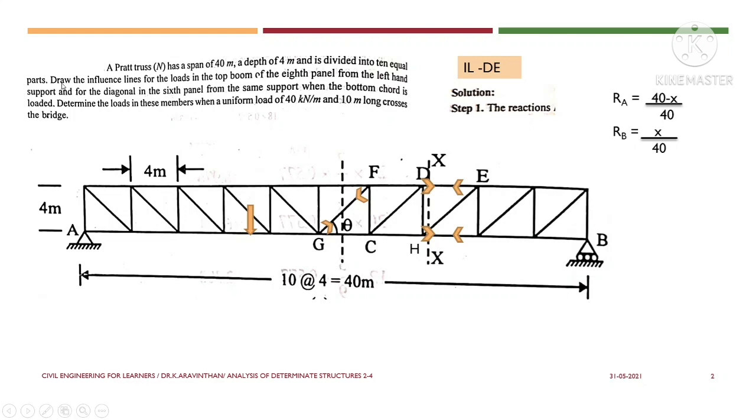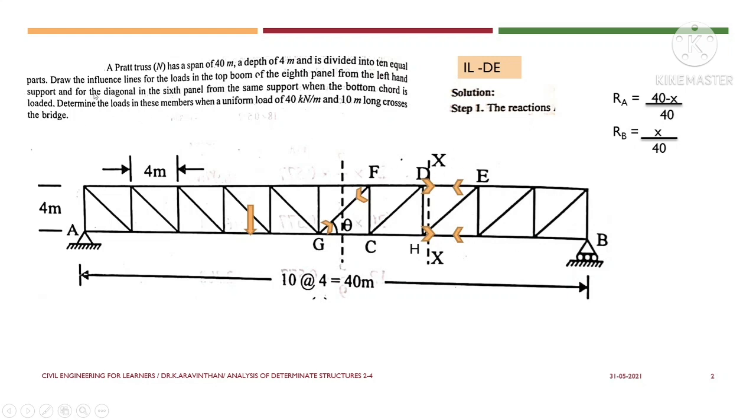So this is panel 1, 2, 3, 4, 5, 6, 7, 8. This is the 8th panel from the left hand support. The joints D, E and H, I come under the 8th panel.